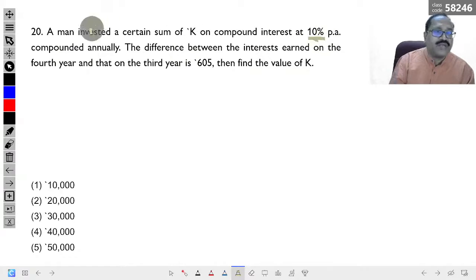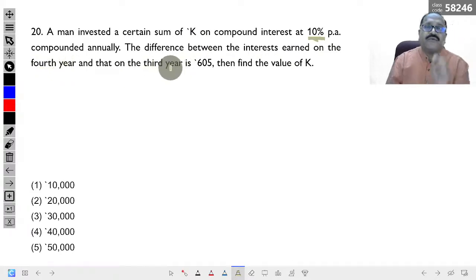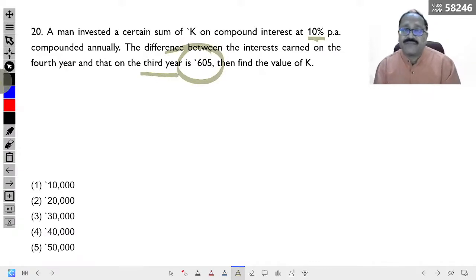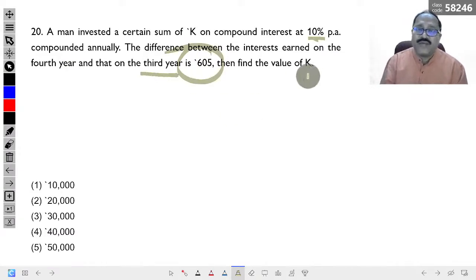So 10% per annum, and the difference between the interest earned on fourth year to that of third year. Beautiful question. The difference between the interest on fourth year to third year is 605. Okay, find the value of k.